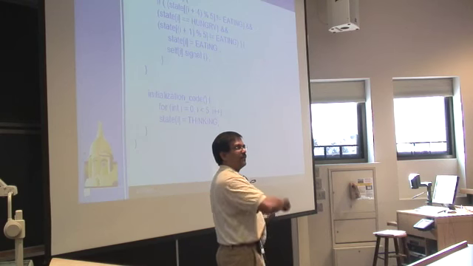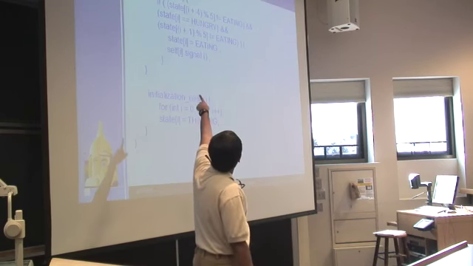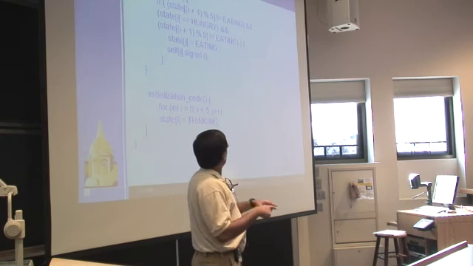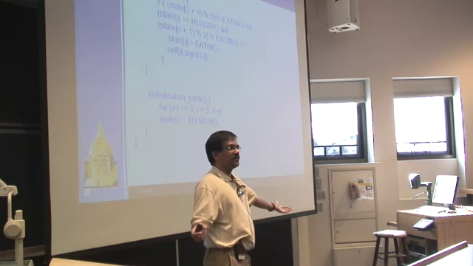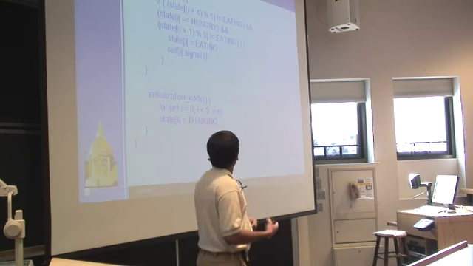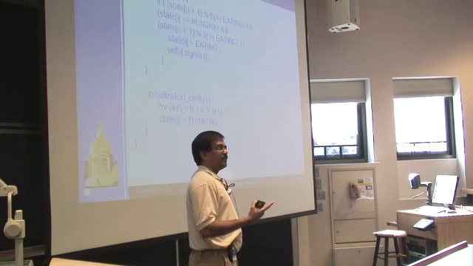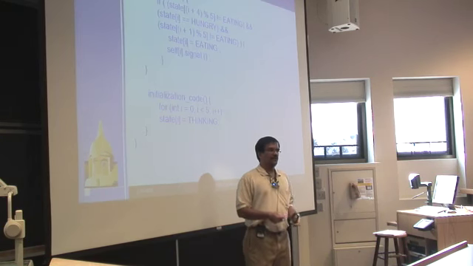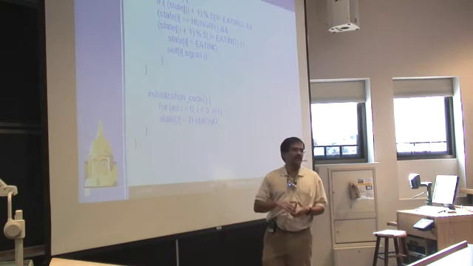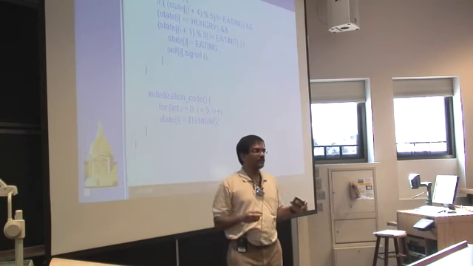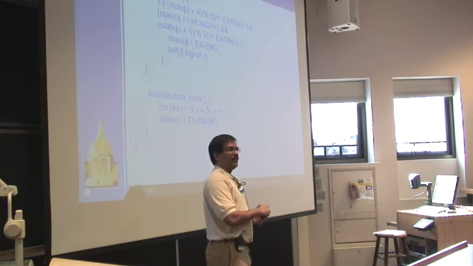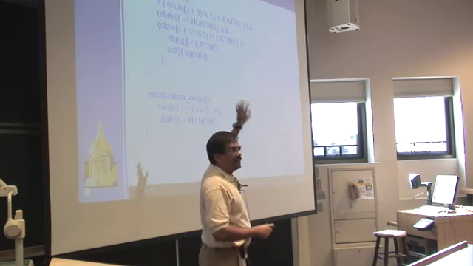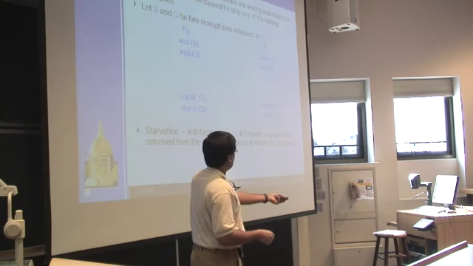And then you look to see the person on the right, which is I plus 1 mod 5, right? So you look to see if both of them are not eating and you're hungry. If so, then you change your state to eating, right? So that means now you are eating, and you send a signal so somebody else can wake up, right? So that's the meat of the function, the way the program works.